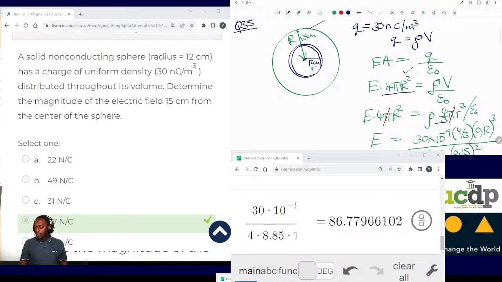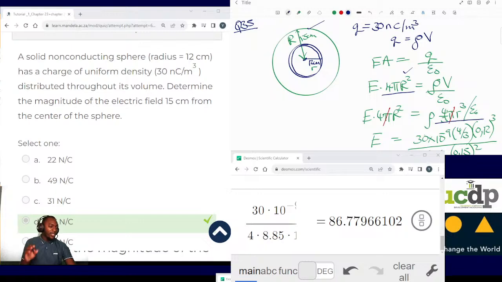This is what you get on this side, rho V over epsilon naught, and then the rest is punching. Let me know if you've got any questions from what we have solved there.